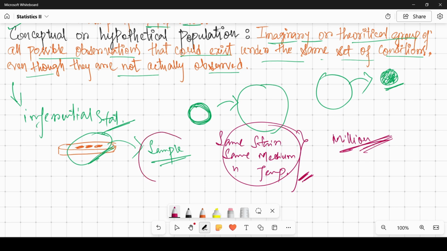And from that sample, we can have an idea of the population. We can answer some questions about the population. Even though the population is not really existing in this case, we are having this imaginary idea that yes, this population will be the same, and here they are representing a theoretical group.